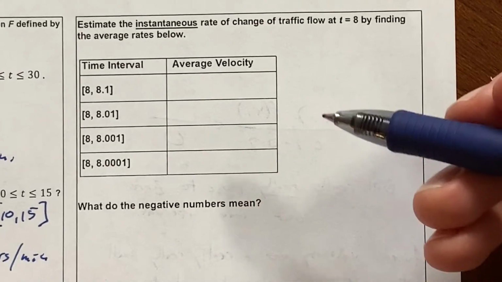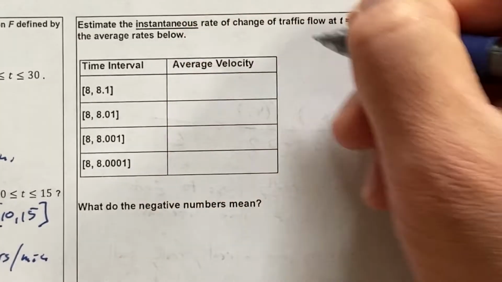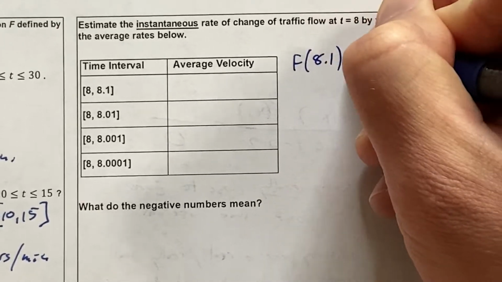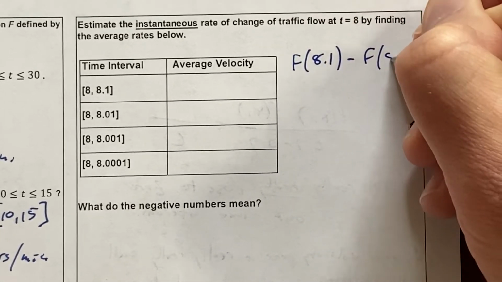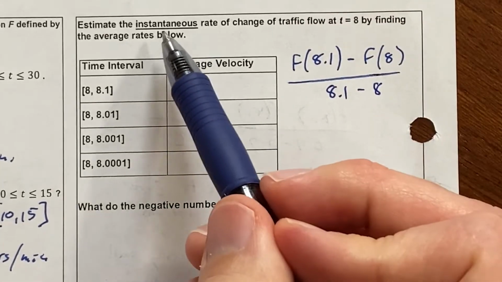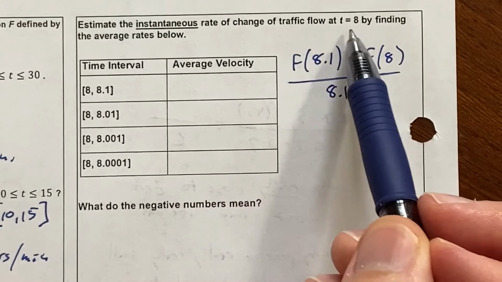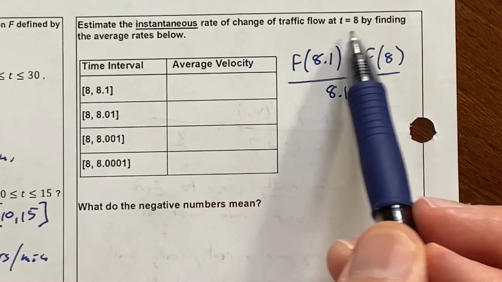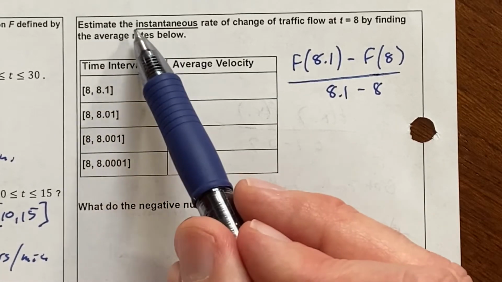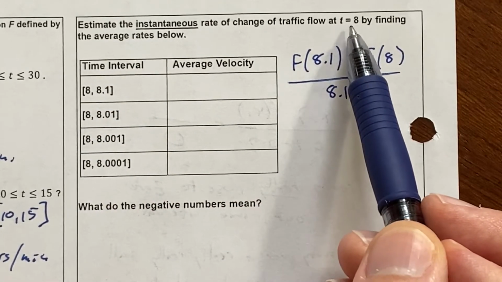When I plug these in, once again, let's say this, f of 8.1 minus f of 8 over 8.1 minus 8. We're looking for an estimate of instantaneous speed, rate of change, velocity at t equals 8.